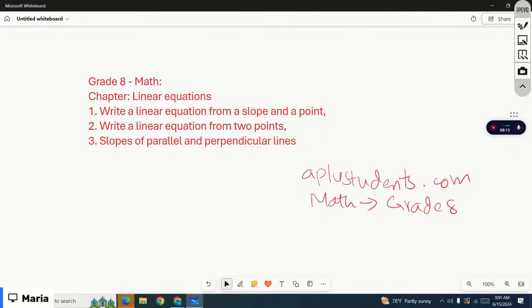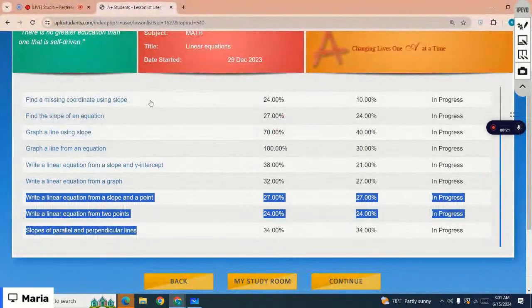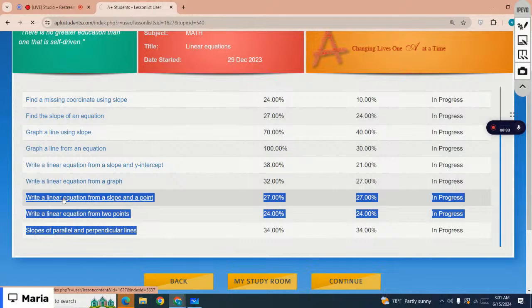So please make sure you have your notebook and pencil so that you can note down the important examples and definitions as well, right? Here I'm on grade 8 math, just linear equations. Let's just start with the lesson that is write a linear equation from a slope and a point.